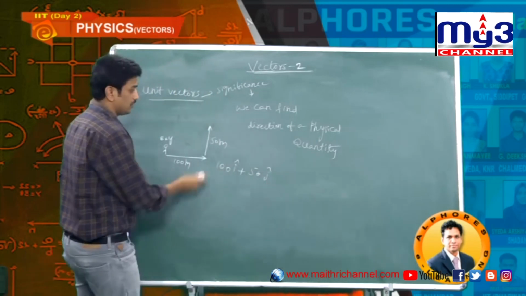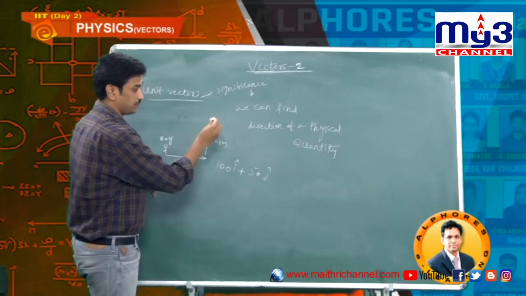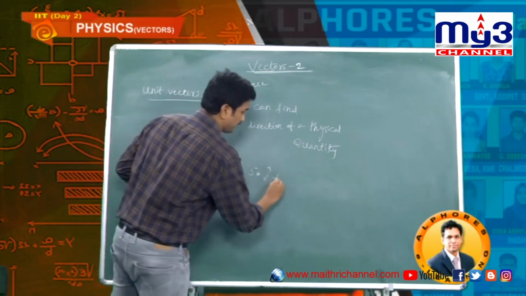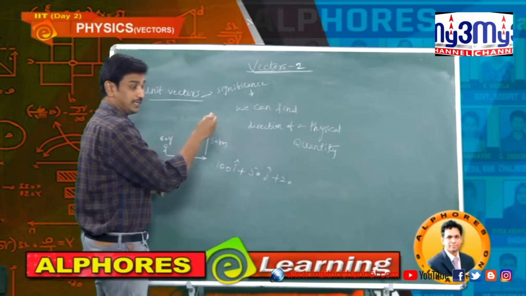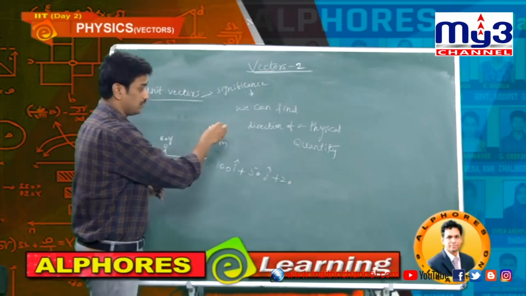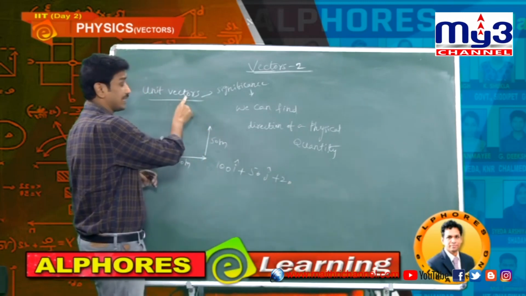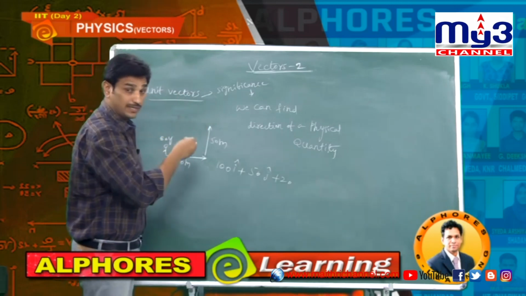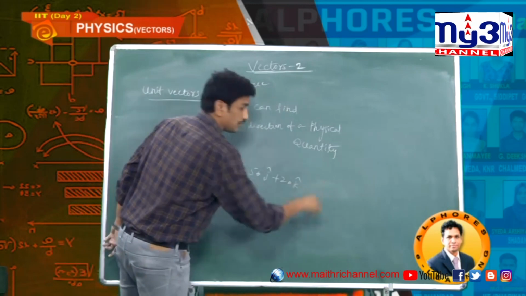J cap. After this, suppose out of the board, 20. I know the 20, but I don't know the direction. Whose help do I have to take? Unit vector's help. Along the z axis, which is the unit vector? K cap.